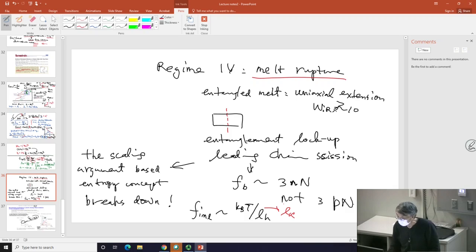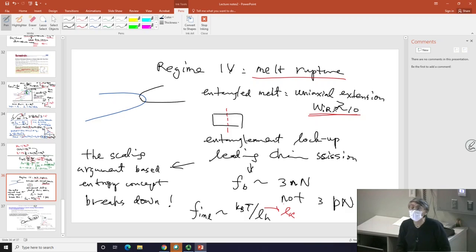So clearly, when you are stretching fast enough, not only do you not have enough relaxation, but also this uncrossability really is unbound, meaning the force indeed diverges.